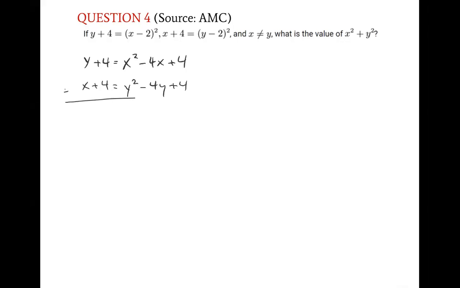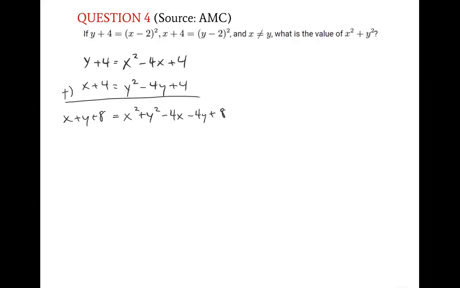Now, if you add these together, you will get x plus y plus 8 is equal to x squared plus y squared minus 4x minus 4y plus 8. And then you can do the same thing, except you subtract stuff.